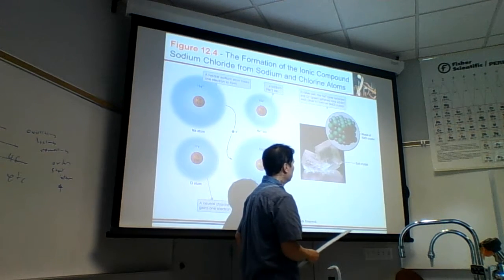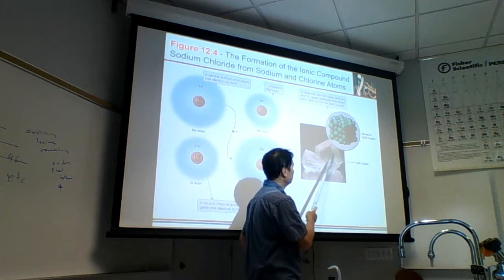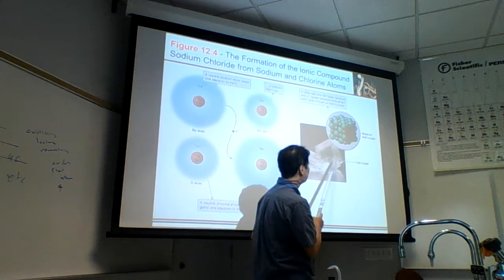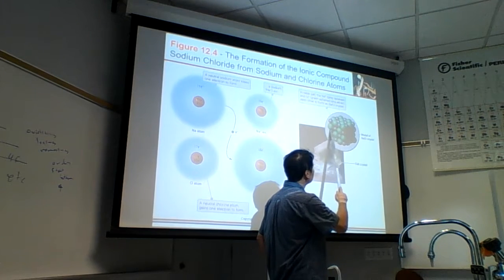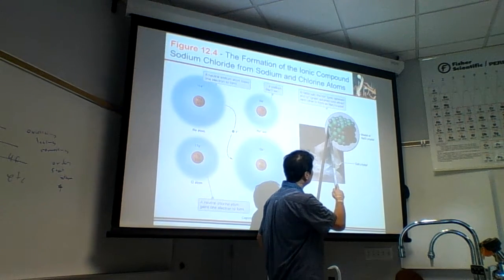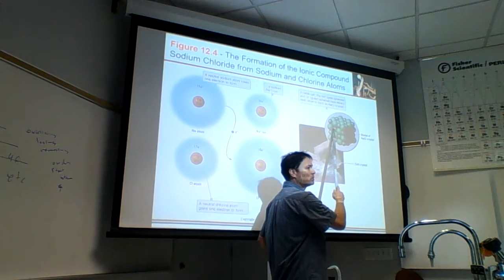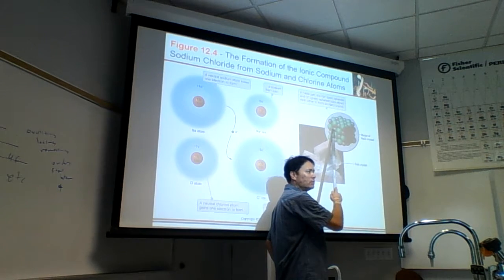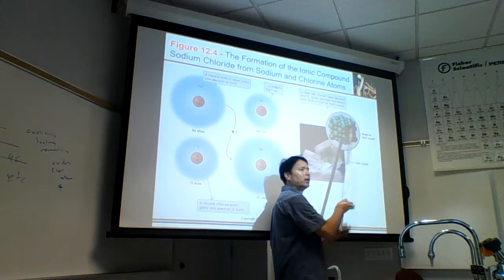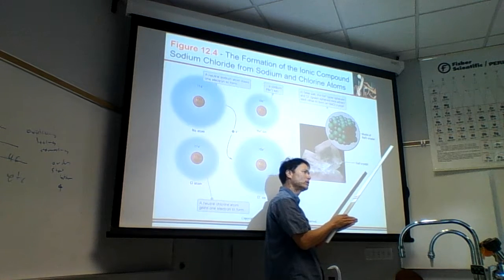Although salts are brittle, they're easy to cleave. It doesn't take much force to offset this. If I just push this chloride a little bit to the right, then who's the nearest neighbor? Another chloride. Chloride and chloride, do they attract each other? They repel.